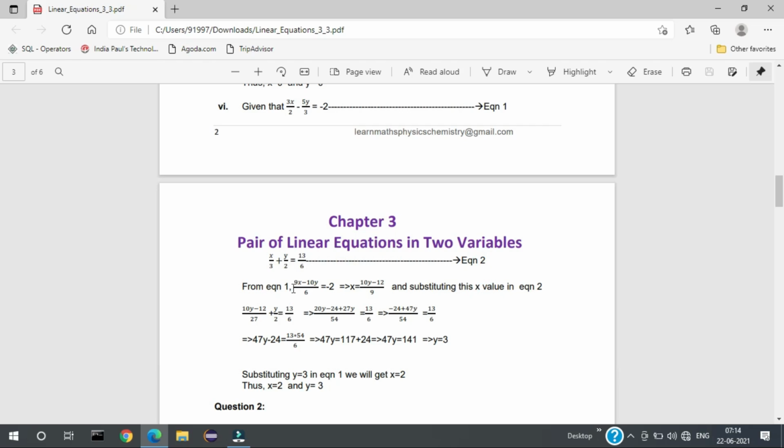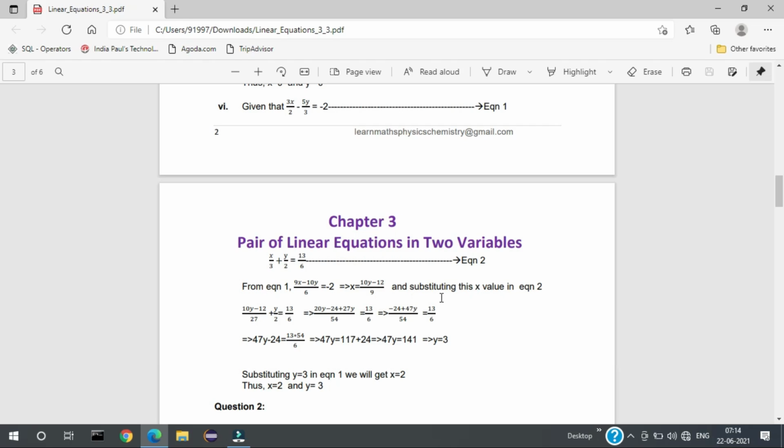From equation 1, (9x minus 10y) by 6 equals minus 2. So, we have taken the LCM for the equation 1. So, how much it will come? 6. 9x minus 10y equals minus 12. That implies x equals (10y minus 12) by 9.